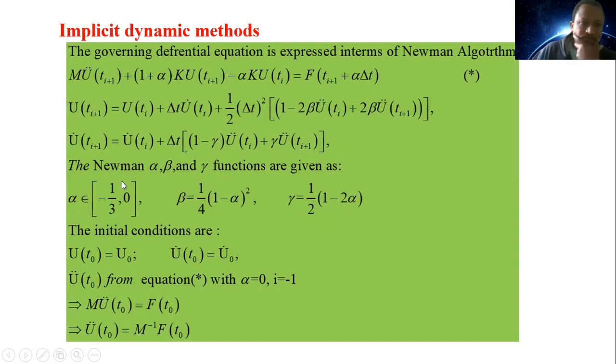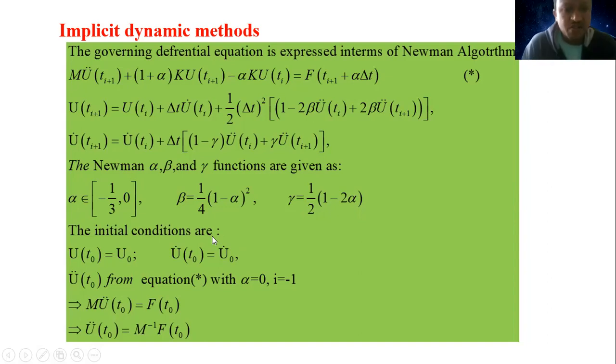So the Newmark constants alpha, beta, and gamma are expressed as: alpha is given from minus 1 over 3 to 0, beta is 1 over 4 times (1 minus alpha) squared, and gamma is 1 over 2 minus alpha.